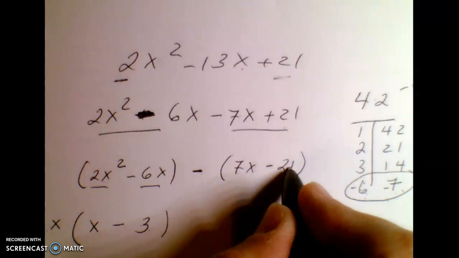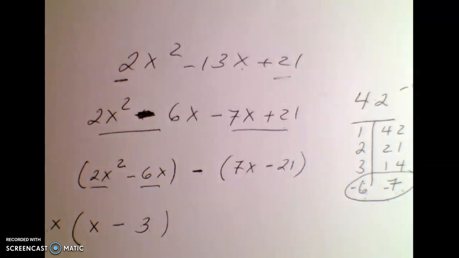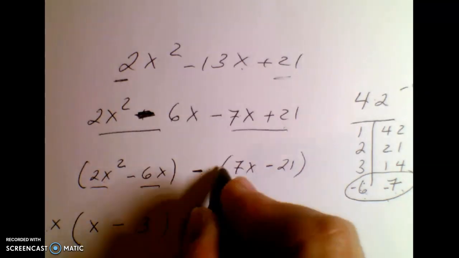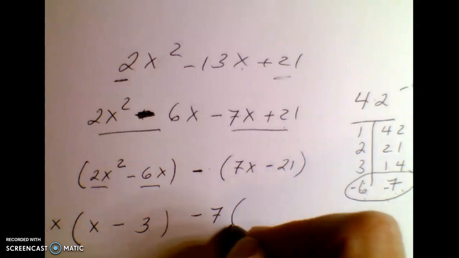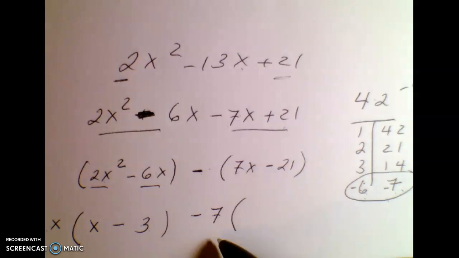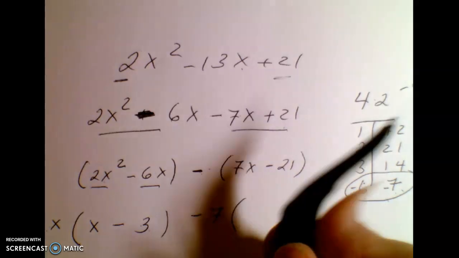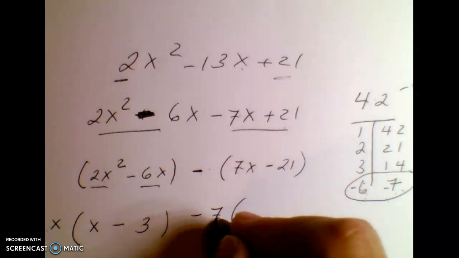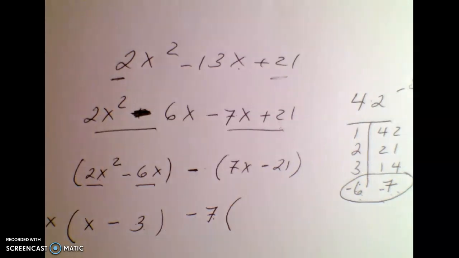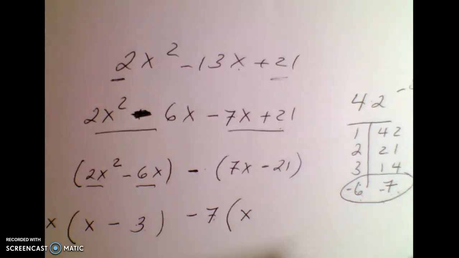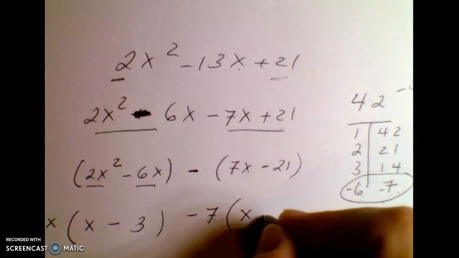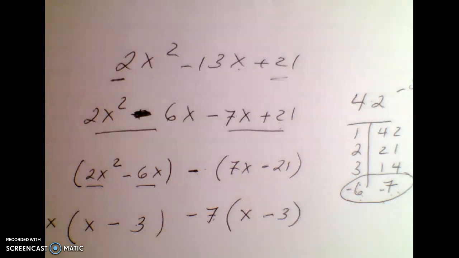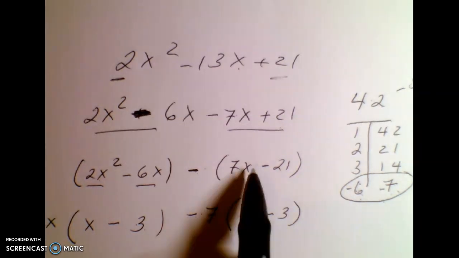I need to factor something out of here. So I'm going to factor out a minus 7. Okay, so I just factored out the minus 7 here. I'm going to put in here minus 7 times what? X. And minus 7 times a negative 3. That's positive.